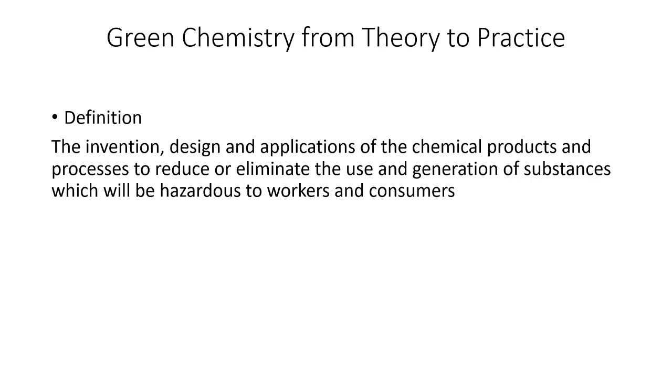So there is one person, Paul T. Anastas. He is a pioneer in the field of green chemistry. In one of his lectures he said, sustainable civilization requires both a healthy environment and a healthy economy. Means here, whatever Mahatma Gandhi said, that greed is not only to fulfill the hunger.